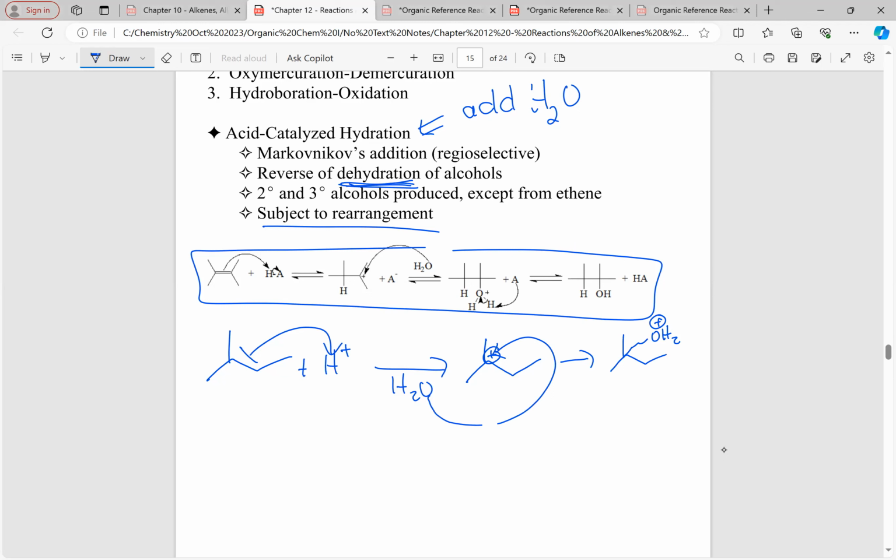And there is just a protonated alcohol. And remember, something will come along and deprotonate it. And in this case, it's probably just another water.